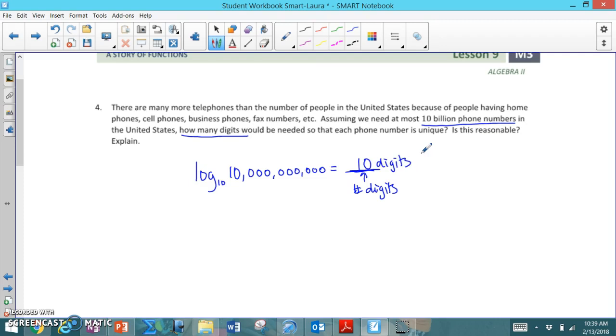Now, having said that, it asks if it's reasonable. And again, we just created 10 billion phone numbers. In the previous problem, it said that there's 317 million people in the United States. Having said that, if I divide those by each other, the number of phone numbers by the number of people, I get about 31 phone numbers per person.